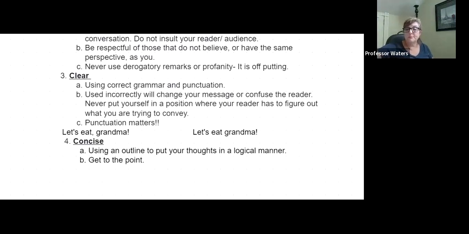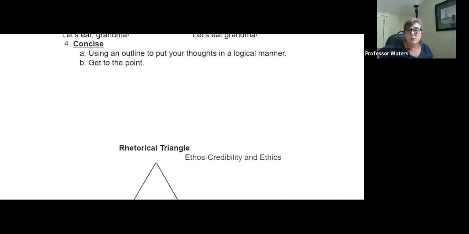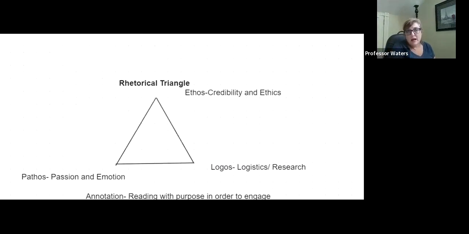One of the concepts that we talked about in class was the rhetorical triangle and how important that is. We talked about the structure of a triangle and how sound that structure is. And if by chance I take one of these sides out, what does it do to the soundness of my structure?